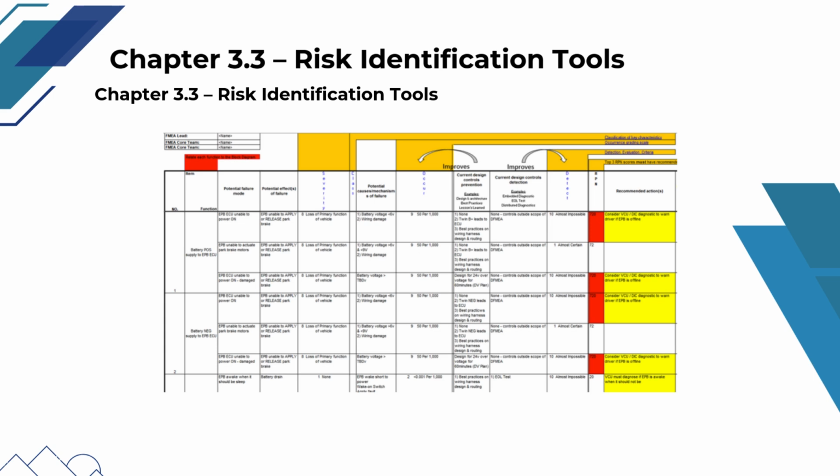By focusing on improving prevention and detection controls and defining clear recommended actions, DFMEA helps reduce high-risk areas proactively. This structured approach ensures that risks are addressed during the define phase, leading to a more robust, reliable, and customer-focused design rather than reacting to failures after implementation.